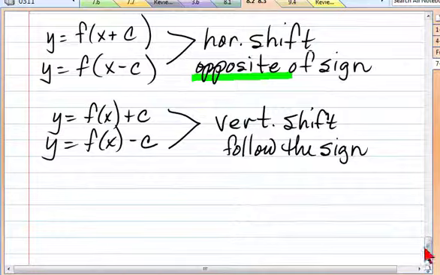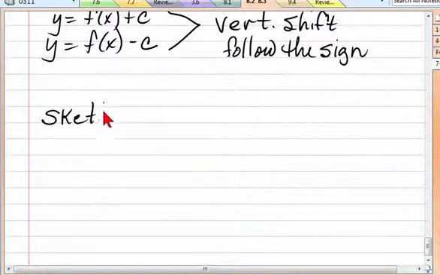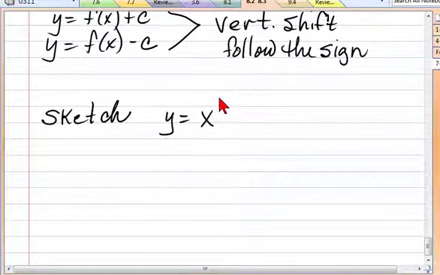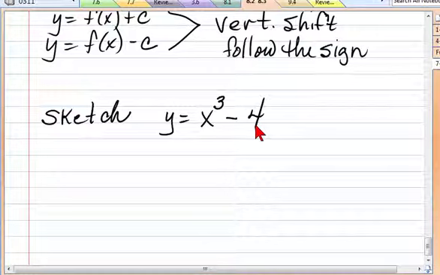Would you have any trouble if I ask you, this is a final question, to sketch y equals x cubed minus 4? The only thing that's different is the shape, because you don't practice this one in MyMathLab. What is the x cubed?